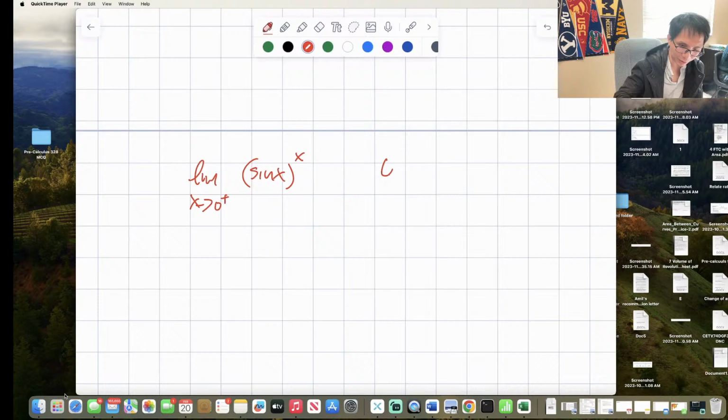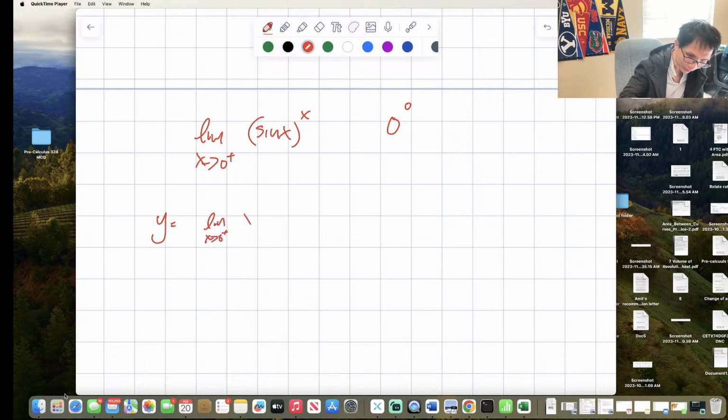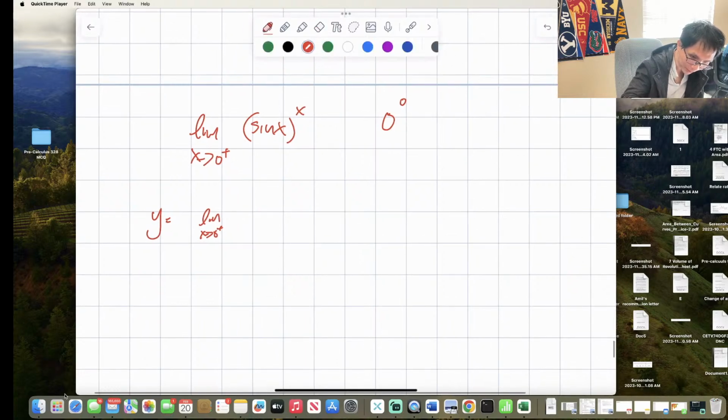So this is 0 to the 0 power, right? 0 to the 0 power. The last is the second to the last case. y equals the limit as x approaches 0 from the positive side of... I'm gonna do ln on both sides.